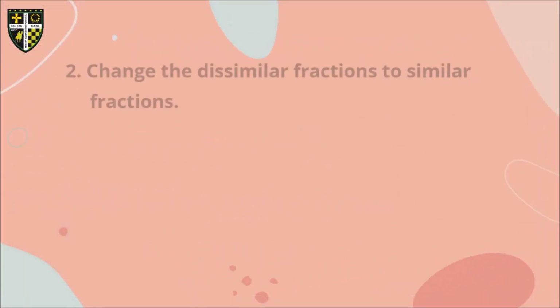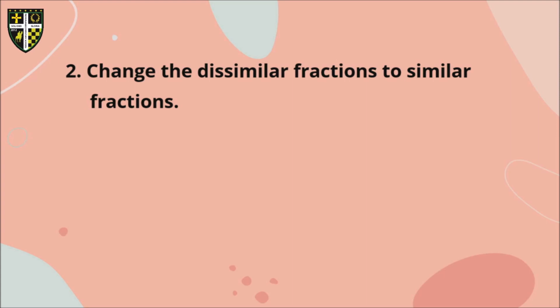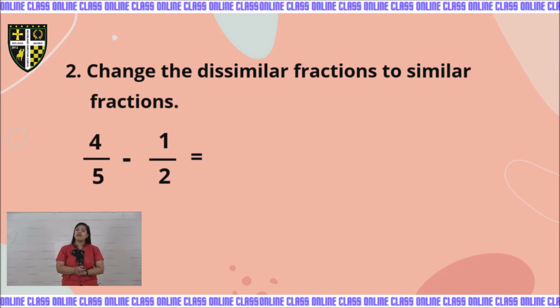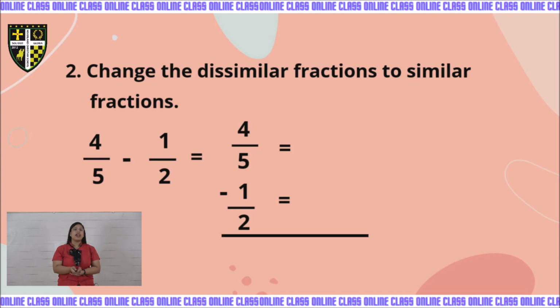Our next step is change the dissimilar fraction to similar fraction. Again, when we are talking about dissimilar fractions, they don't have the same denominator. But when we are talking about similar fractions, they have the same denominator. So again, we have the given of 4/5 minus 1/2. We will write it straight, and then we will write the common multiple, which is 10.